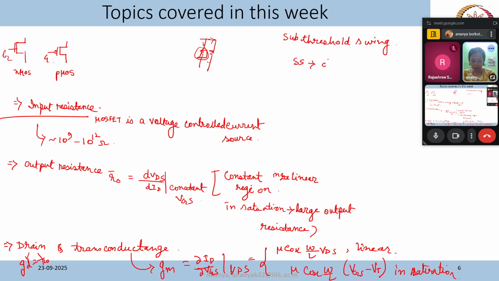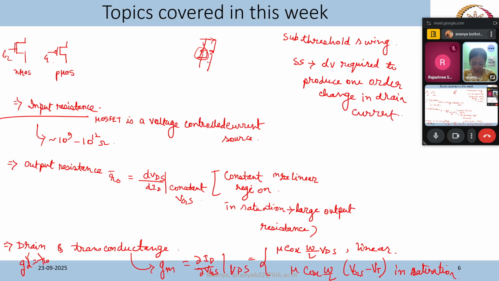This is the amount of voltage that is required to produce one order change in drain current. From where we get the 60 millivolt per decade, the typical value of subthreshold swing.